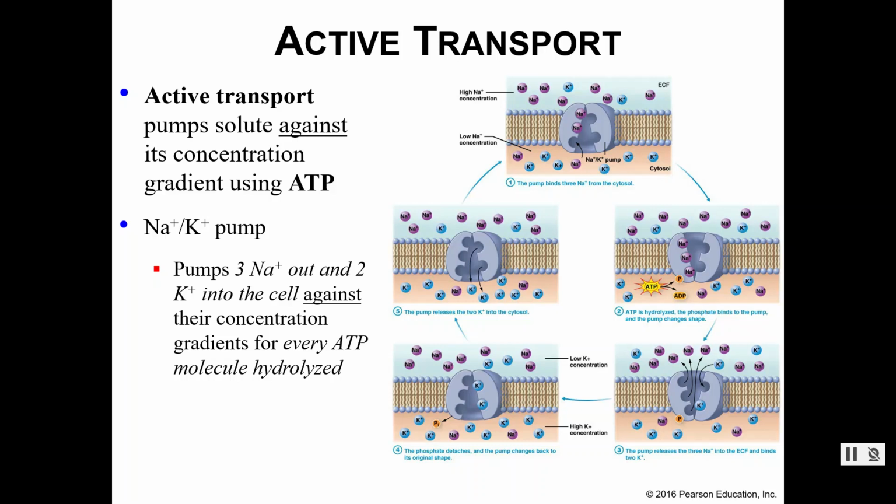And both of these molecules are going to be moving against their concentration gradient. So now we're going to go from a low concentration to a high concentration. And because these molecules are moving not necessarily where they want to, we have to work a little harder at it. And just like when you work a little harder, you have to use more energy. Well, so does this pump. And that energy is going to be good old ATP.